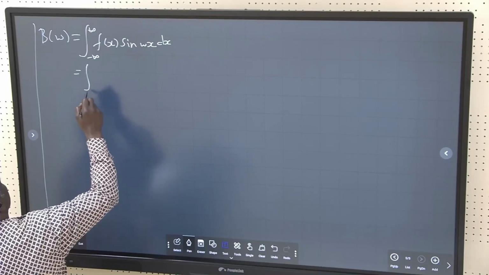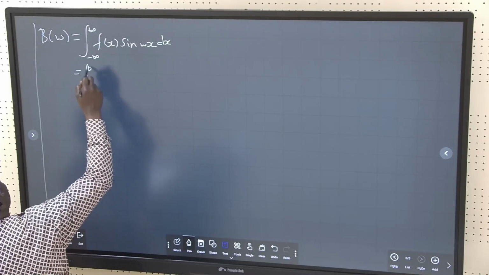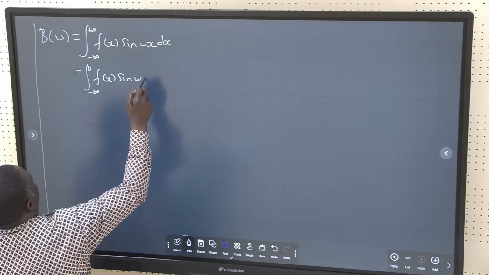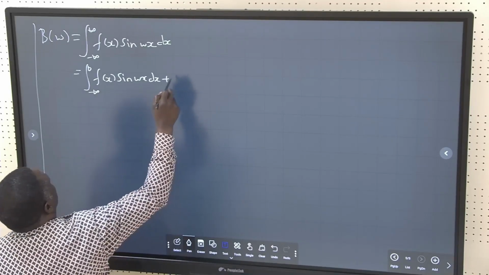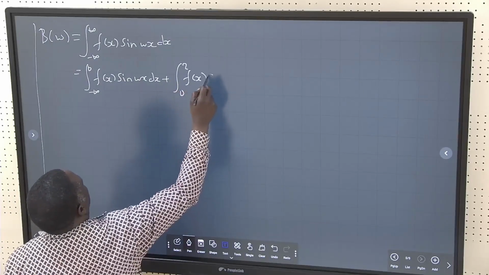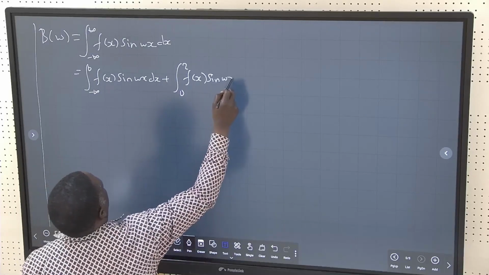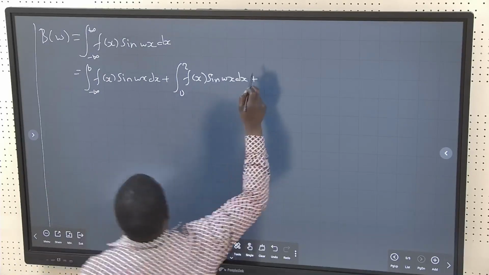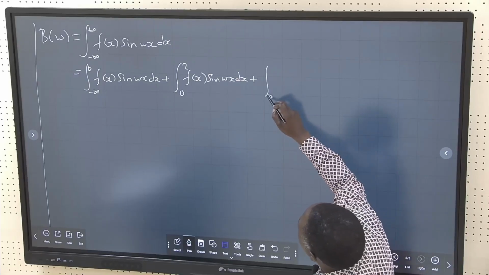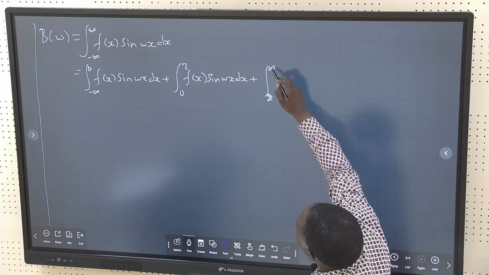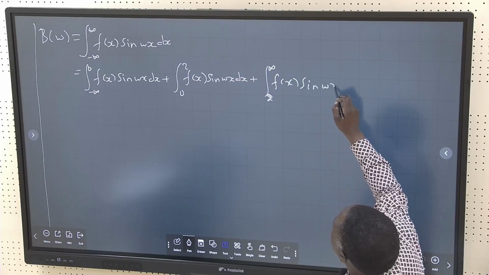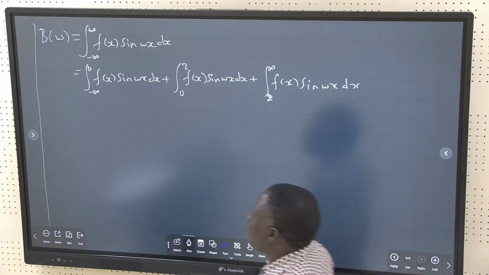That is, we can integrate from negative infinity to 0, add from 0 to 2 of f of x multiplied by sine omega x with respect to x, add from 2 to positive infinity of f of x sine omega x with respect to x.